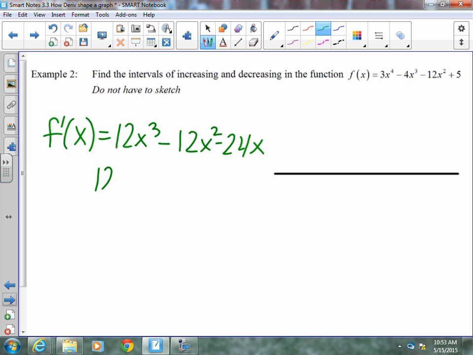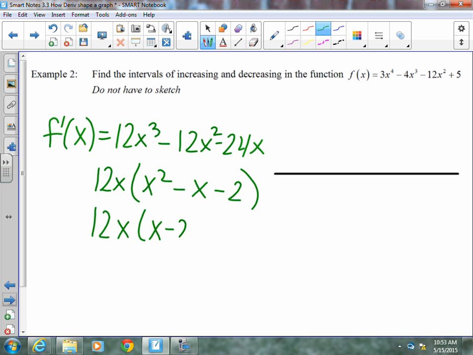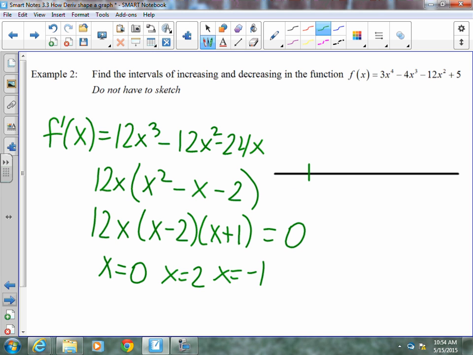We factor, pull out our 12x. We have x squared minus x minus 2. That is equal to 0. Our critical values are 0, 2, and negative 1.